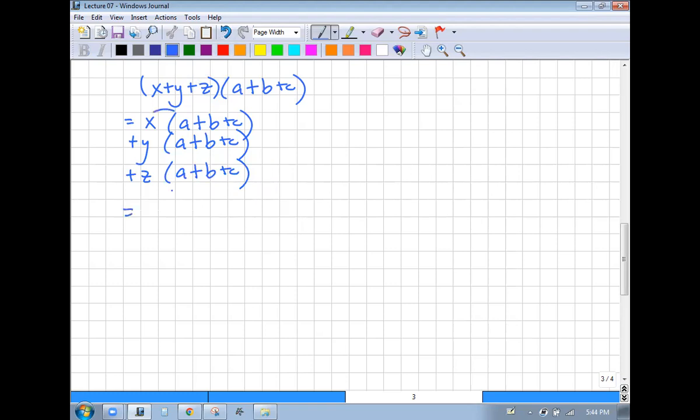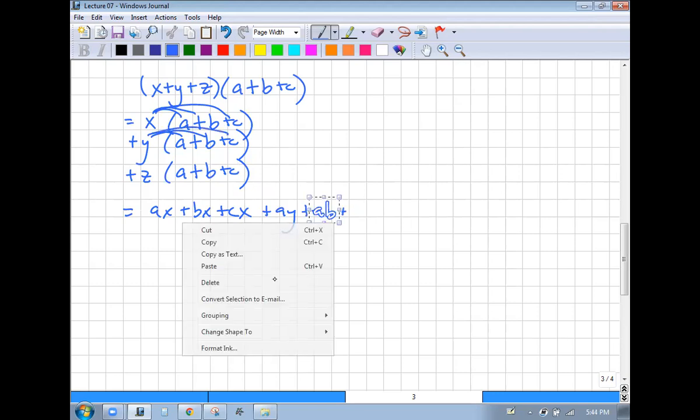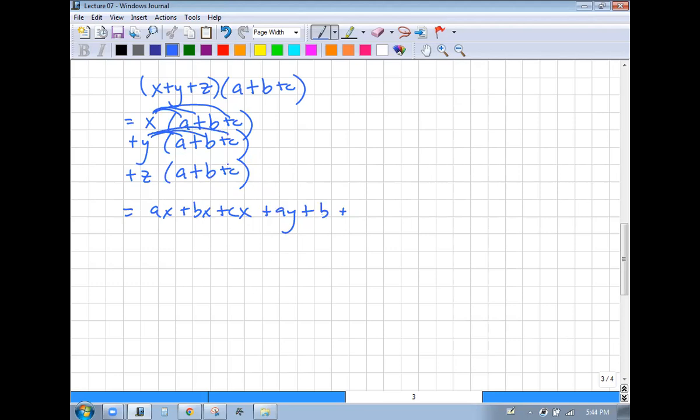So we have ax, bx, cx, ay, by, and cy. And we have az, bz, and cz. Just the distributive property.